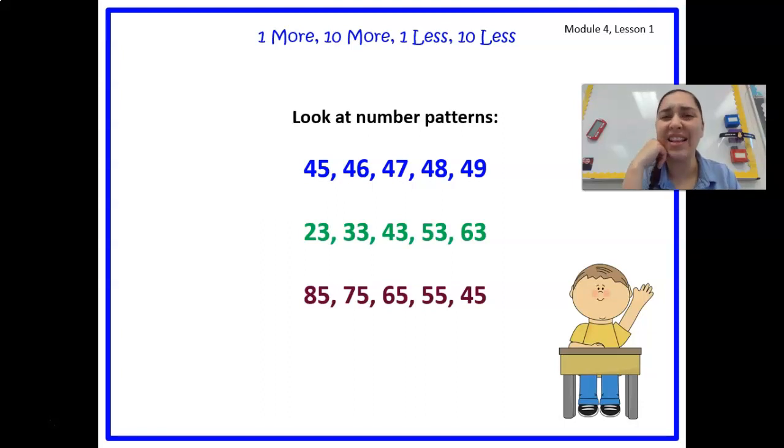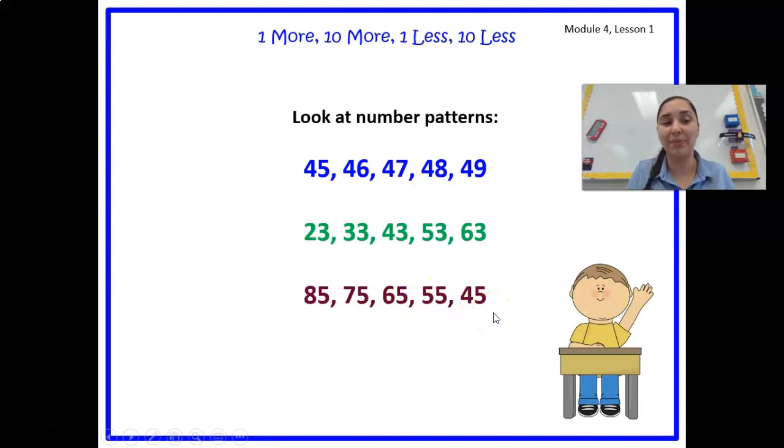Yes, 10 less. How did you figure out it was 10 less? Absolutely correct. You notice that the ones place didn't change. The only thing that changed was the tens. And instead of going up, it was taking away 10. If you start with 85 and you take away 10, you end up with 75. If you have 75 and you take away 10, you end up with 65. And so on and so forth.